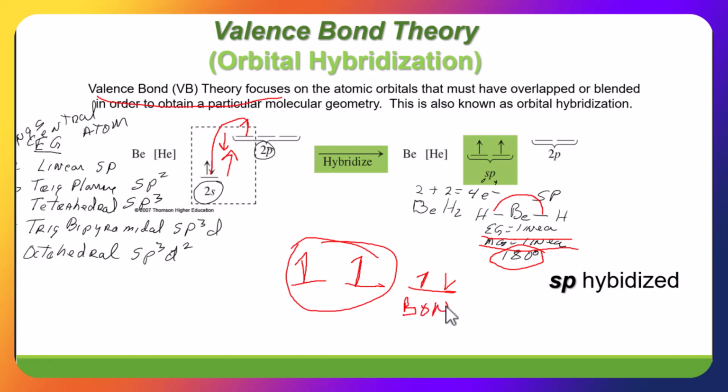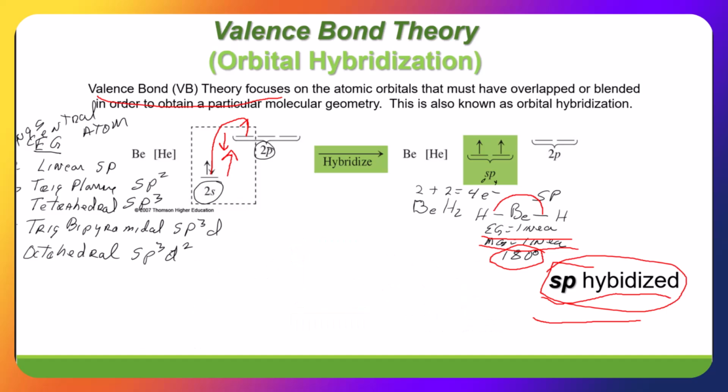Anytime you have just 2 things, 2 electron domains around the central atom, the hybridization is sp. If you have a linear electron geometry, you have sp hybridization. Try and remember that.